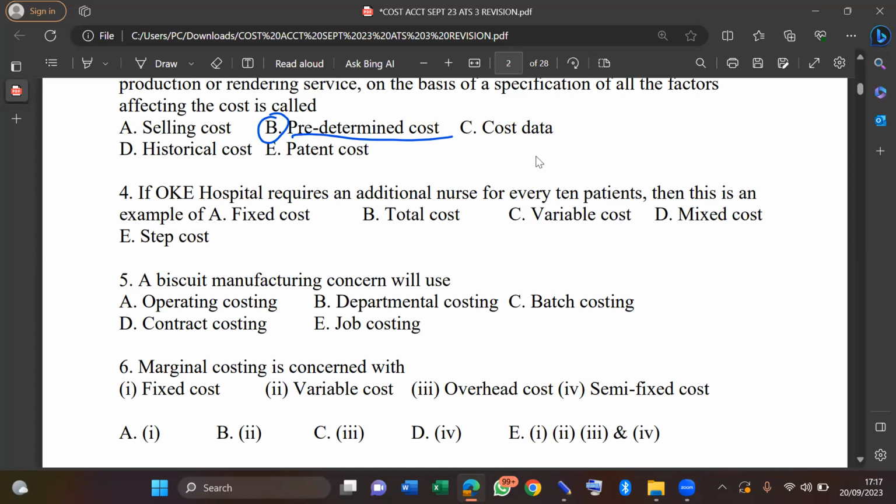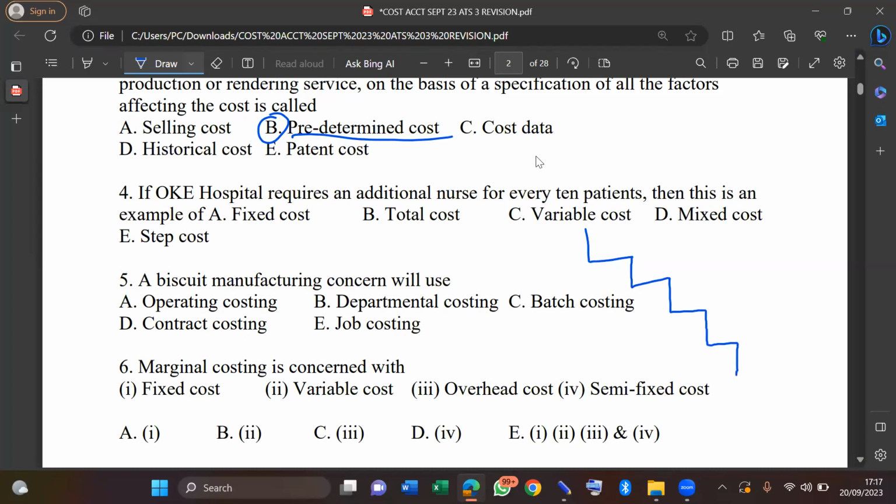When we say a step cost, at a particular time it will be what? Constant, and later variable. Fixed for a particular time, variable at another.